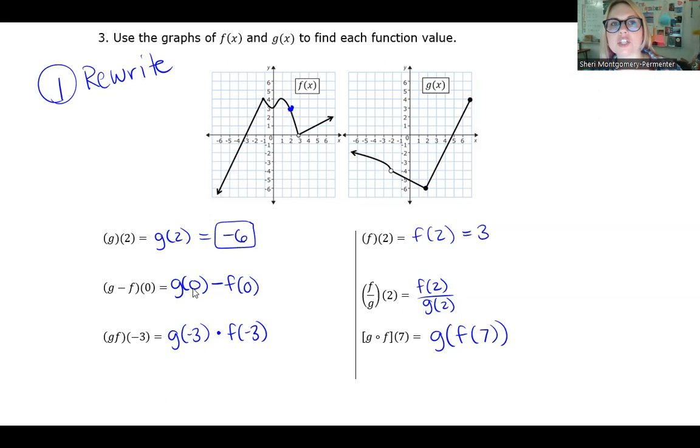For g of 0, we have to do it step by step. For the g graph, at 0, we have to go all the way down here. Where's the graph? Yep, -5. And it's going to be minus my f graph. At 0, where's my graph? 3. What's -5 minus 3? -8, done.